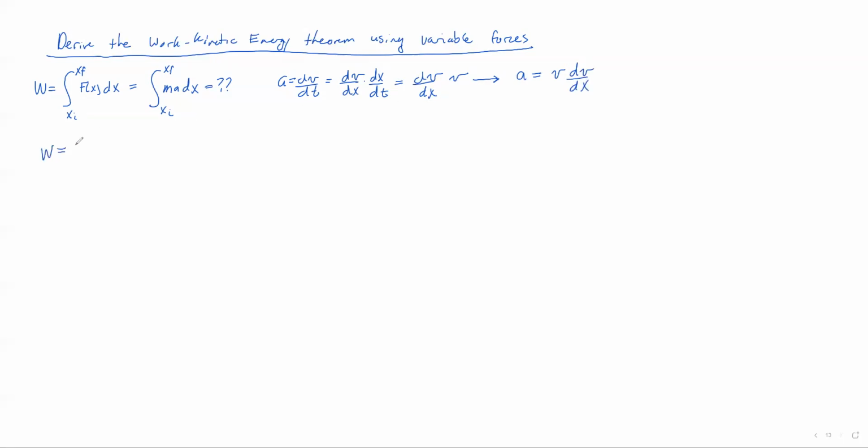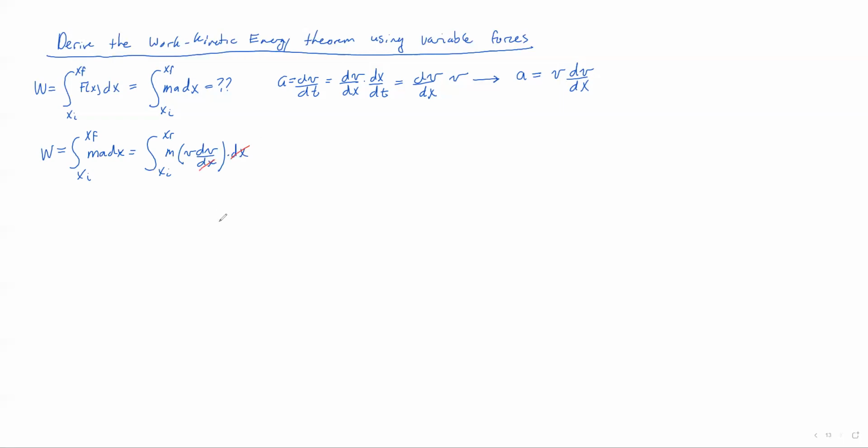So let's plug that into the integral. We know that work is the integral from xi to xf of m a dx, which will be the integral from xi to xf of m times v dv/dx times dx. Now the beauty of this is, look what happens.